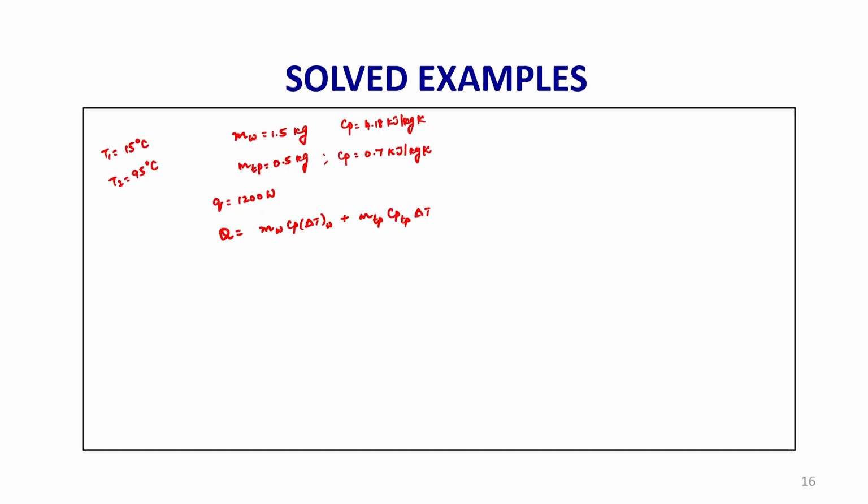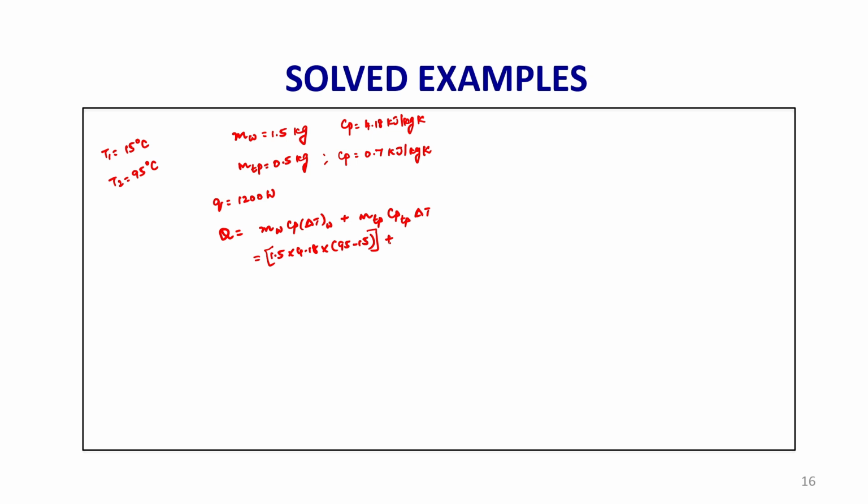Now we have to substitute the values. Mass of water is 1.5 into Cp is 4.18 into delta T, 95 minus 15. This is the first part.